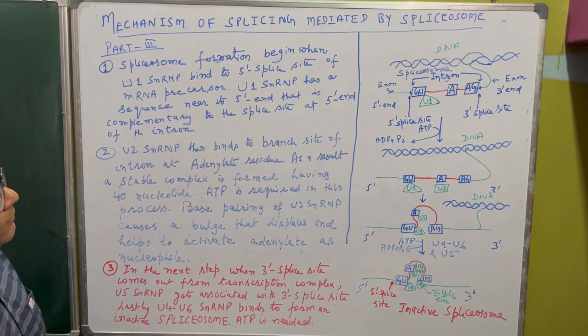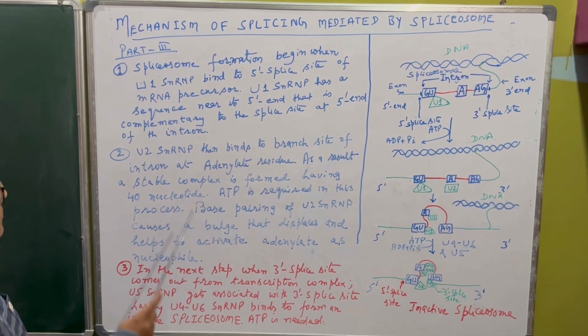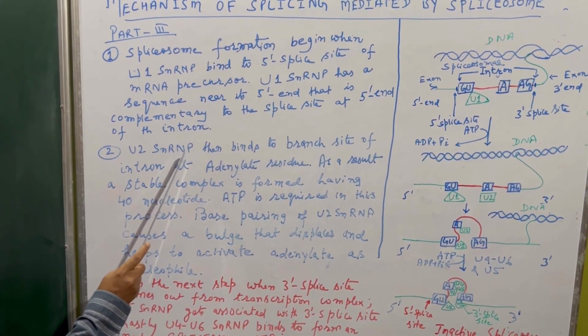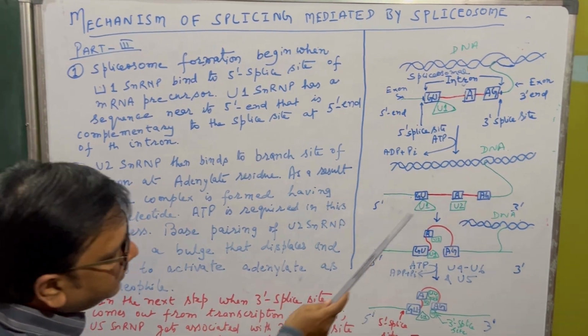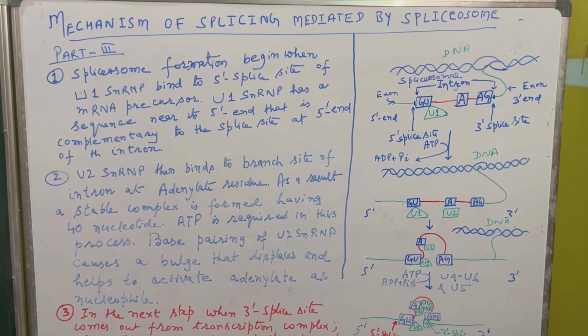The next step is the binding of U2 snRNP, where it binds at the branch site, that is, at the adenylate residue.